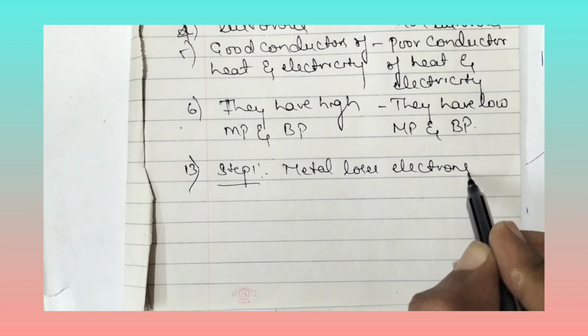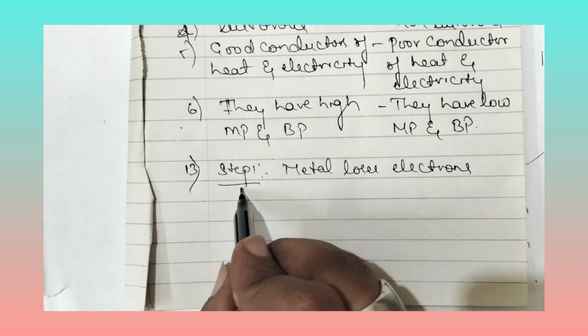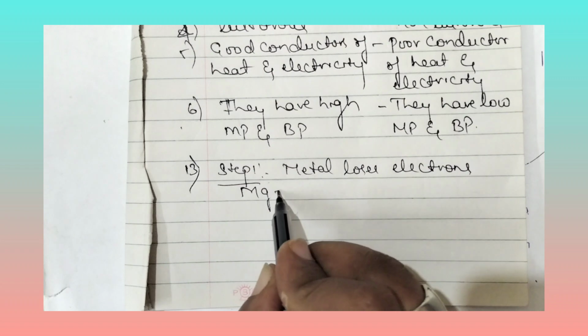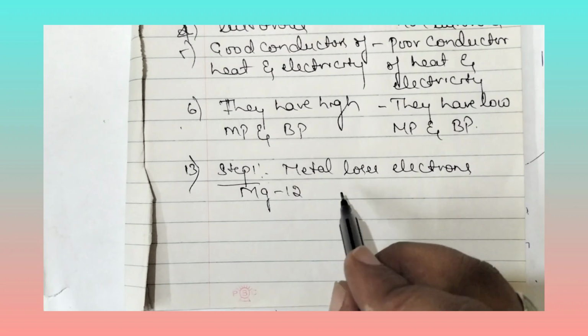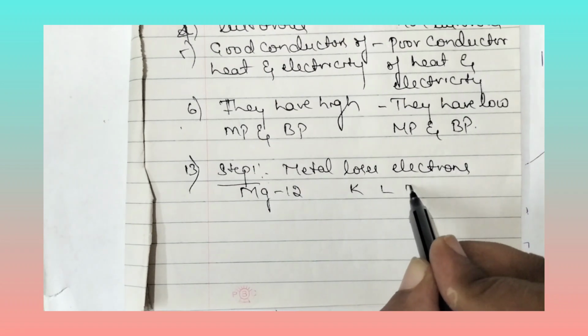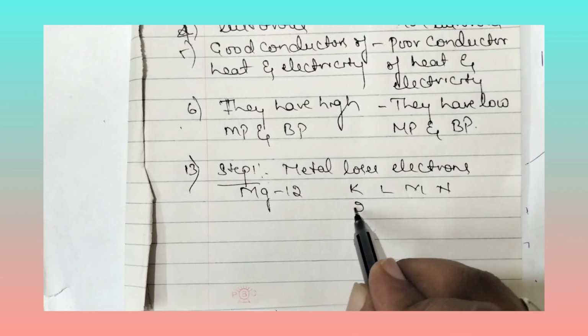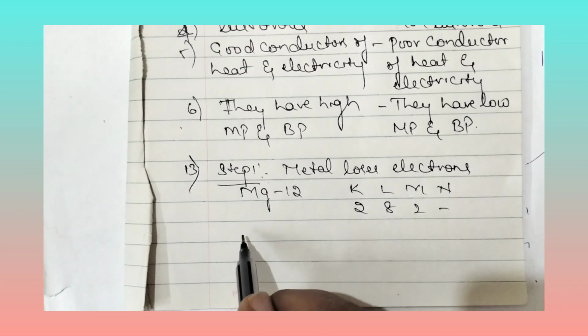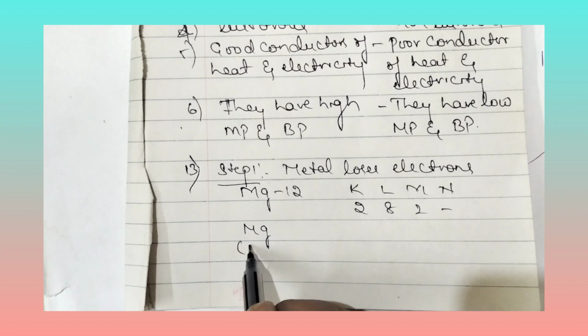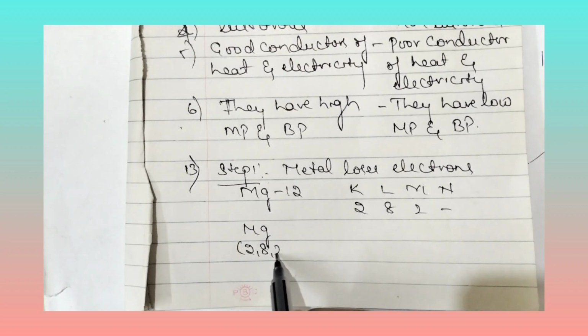Here, magnesium is the metal having atomic number 12. So the distribution of electrons is 2, 8, 2. So the magnesium atom has configuration 2, 8, 2.